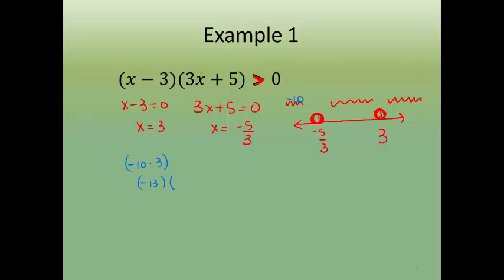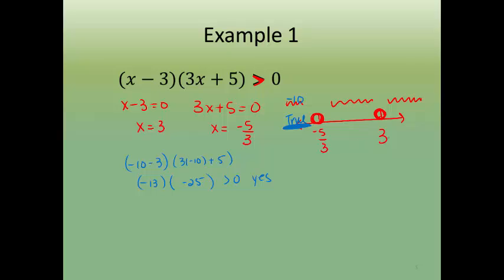Multiply that times 3 times negative 10 plus 5. Well, that's negative 25. When you multiply a negative times a negative, is it greater than 0? And the answer is yes. So these values over here are true. And it'll actually hold true for any value you choose on the left side of negative 5/3. Now let's try a value that falls between negative 5/3 and 3.